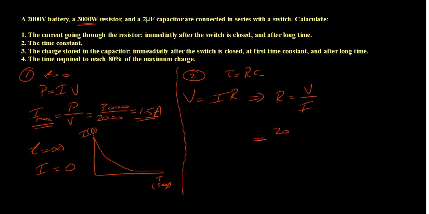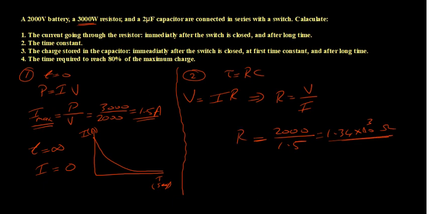So 2000 volt over 1.5 gives a resistance of 1.34 times 10 to the power 3 ohm.